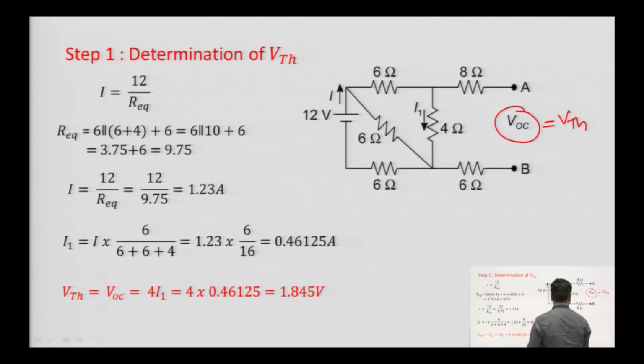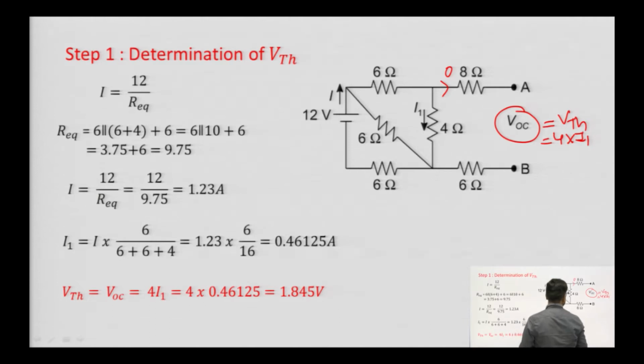Now, to find VTH, obviously our VTH will be equal to 4 into I1, because it is an open circuit, so there will be no current flow there. VTH can be written as 4 into I1, where I1 is the current flowing in the 4 ohm resistor.